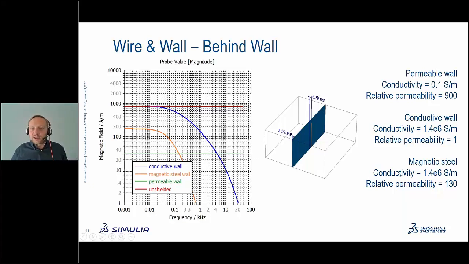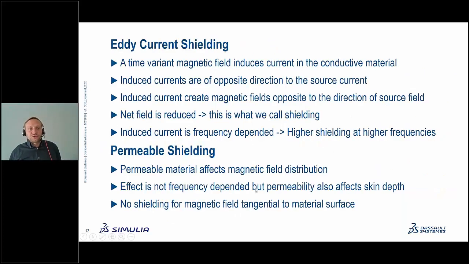And then last but not least, I chose something like a magnetic steel, where we have a permeability and a conductivity, and we see that the effect of the permeable shielding first goes down, and then the effect of the conductive shielding goes downwards here. So we have two types of shielding basically. At the low frequency range, not only at the low, it's also valid for high frequencies, we have what I call the eddy current shielding.